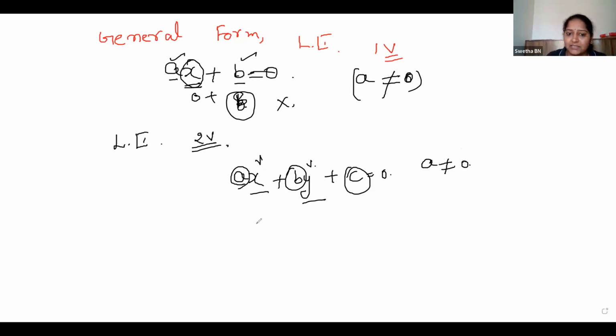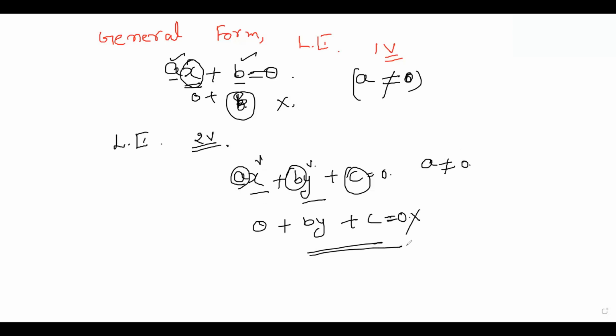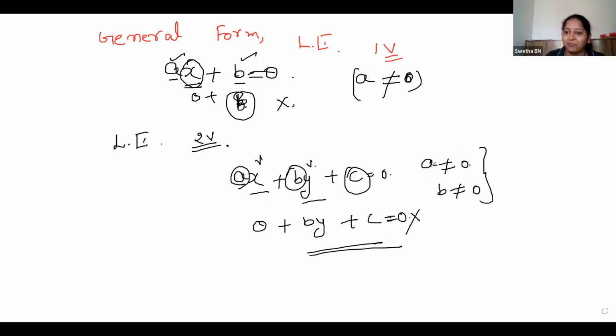Then if a is 0, we get by plus c is equal to 0. Now does it become a linear equation in two variables? No, ma'am. Then what should you say? B is also not equal to 0. You should mention both, children. So a and b should not be equal to 0.